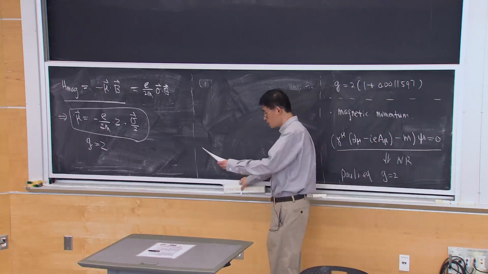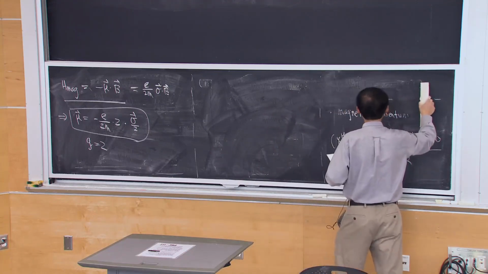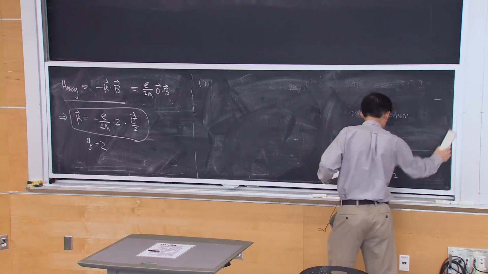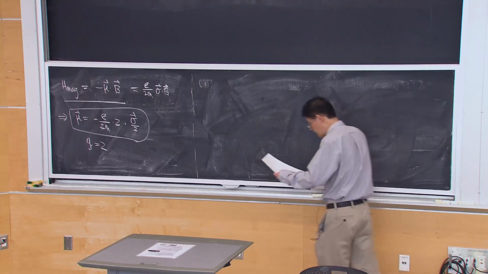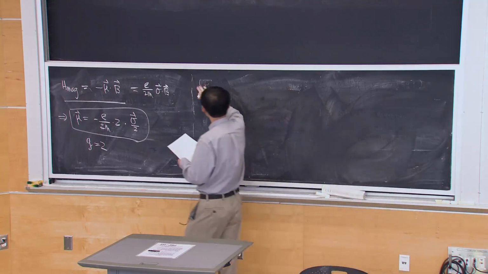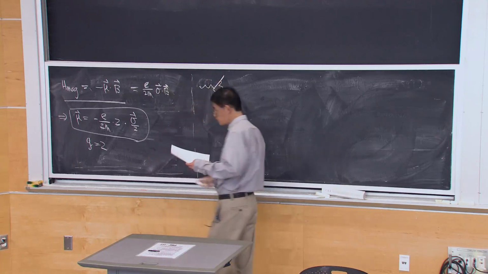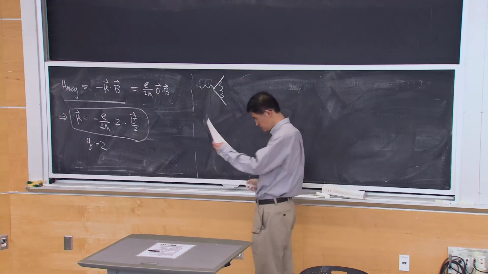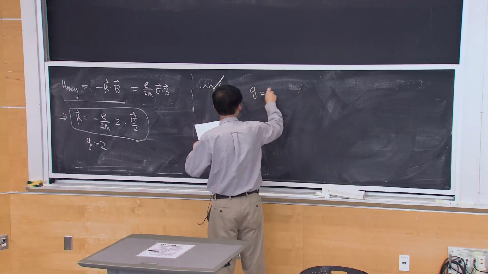Okay, so now just some final words. Schwinger then did this calculation, including this diagram, and he found that there's a small correction.